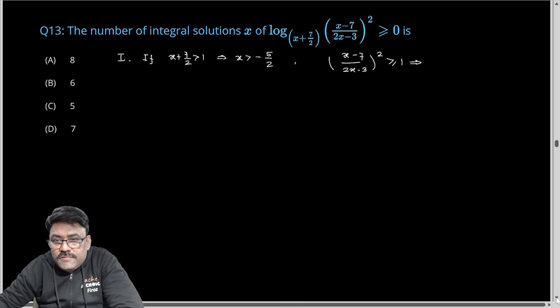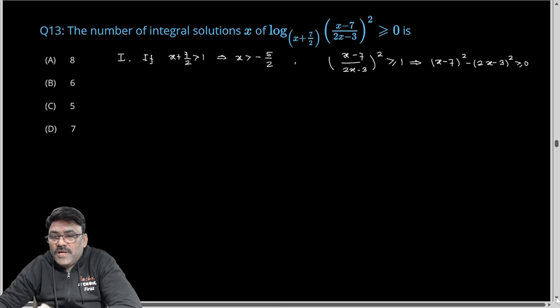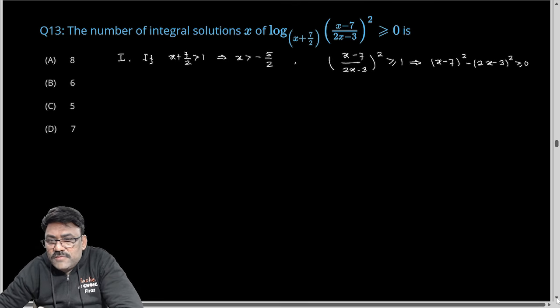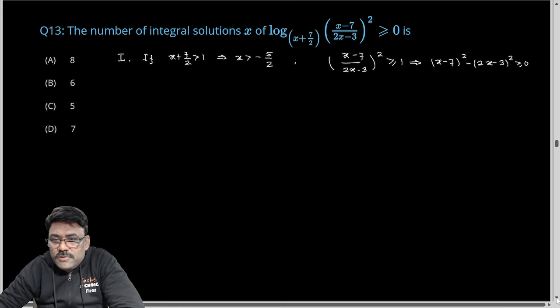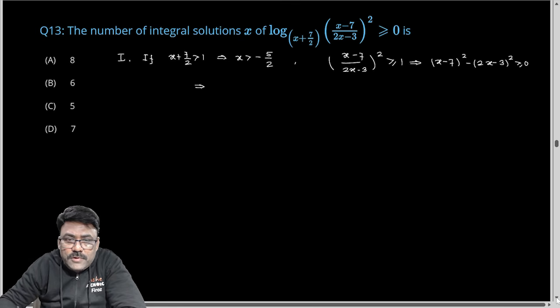It can be written as (x minus 7) whole square minus (2x minus 3) whole square greater than or equal to 0.